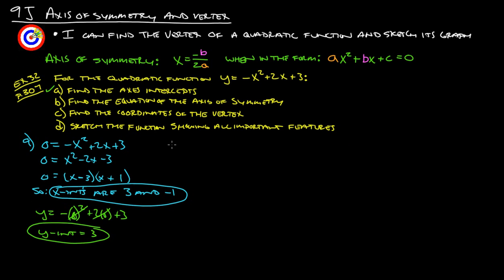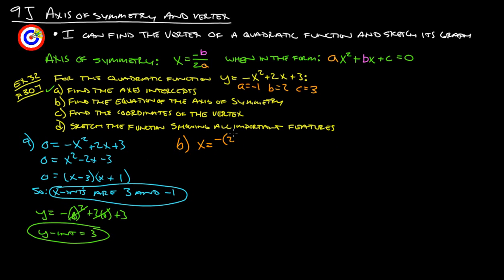Alright, so next thing, let's find the equation of the axis of symmetry. So that's going to be x equals negative b over 2a, and again I usually like to use the original one, so a is negative 1, b is 2, c is 3. We could have also used this new one here, so you could have done a is 1 and b is negative 2 instead, but either way you'll get the same thing.